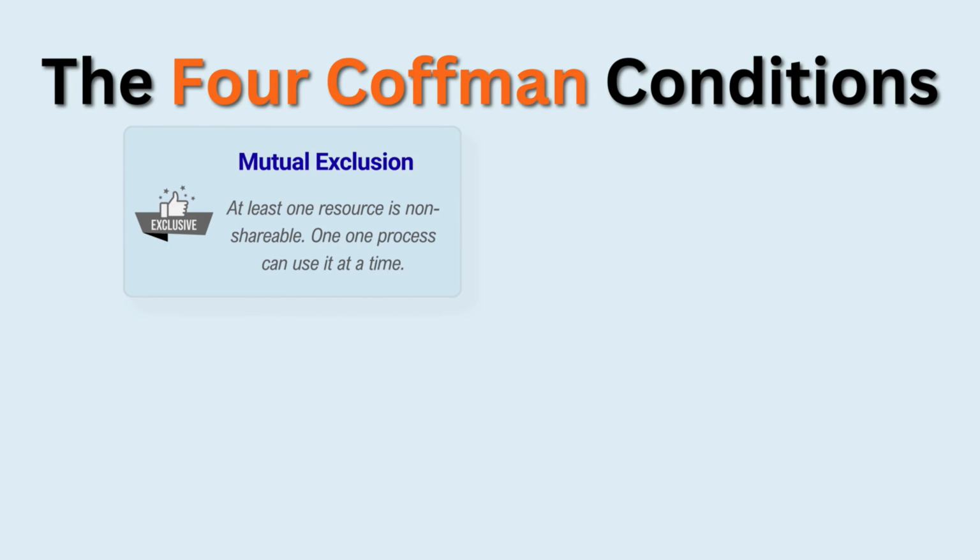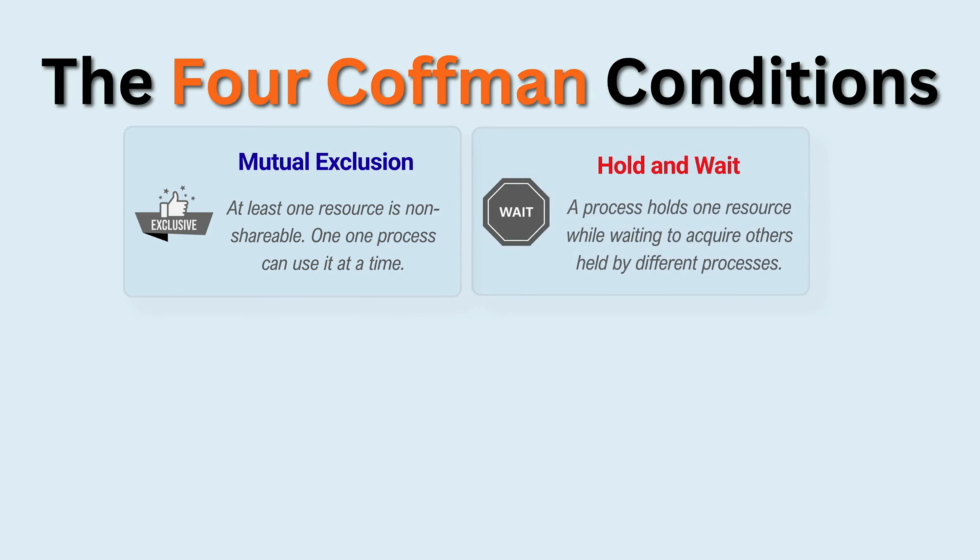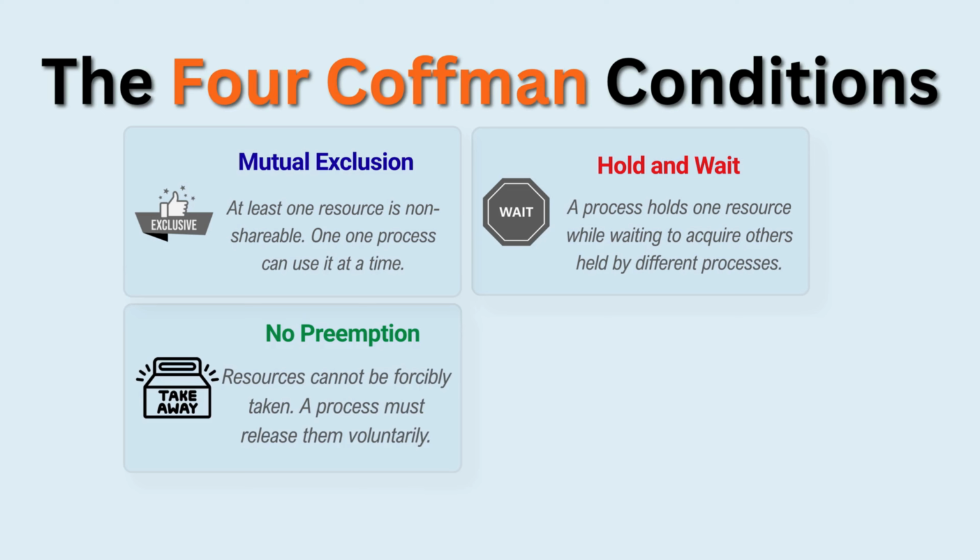Think of a mutex, a printer, a write lock. Second, hold and wait. A process must be holding at least one resource while waiting to acquire more resources held by other processes.